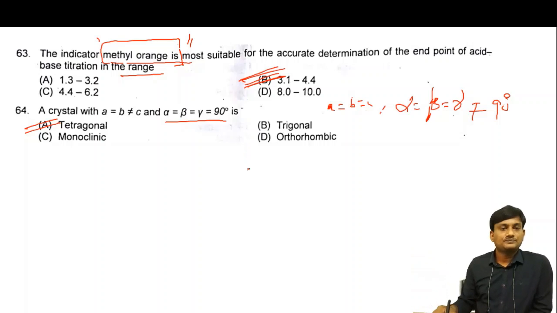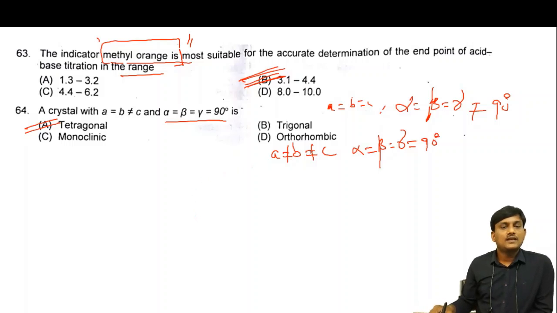This is a trigonal. We know for orthorhombic, A not equal to B, not equal to C. If you take a matchbox, it is orthorhombic. In this case, alpha, beta, gamma is equal to 90 degrees.